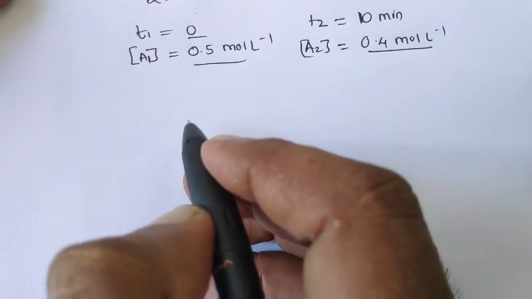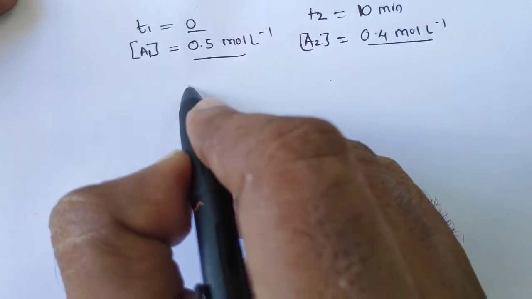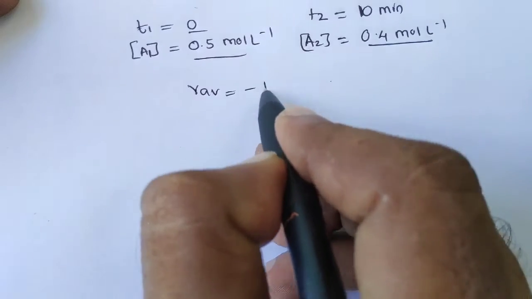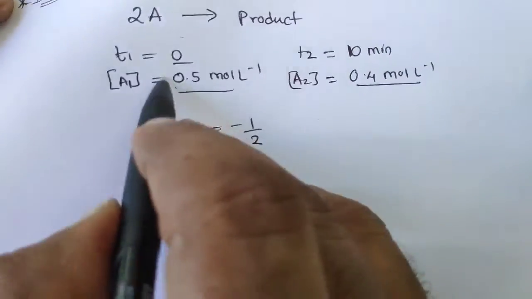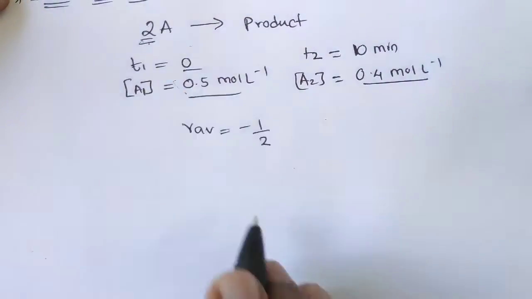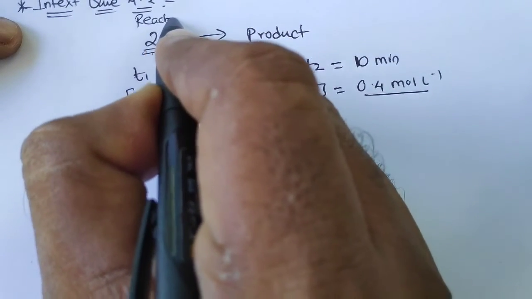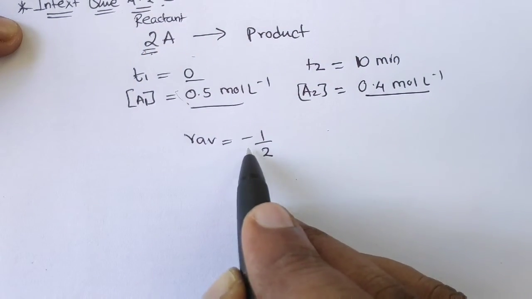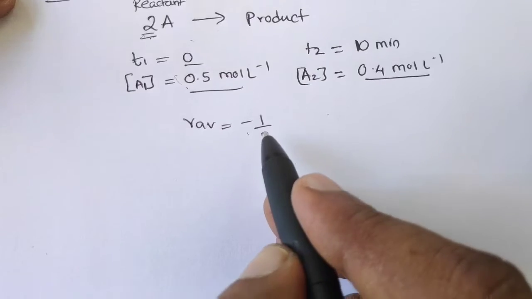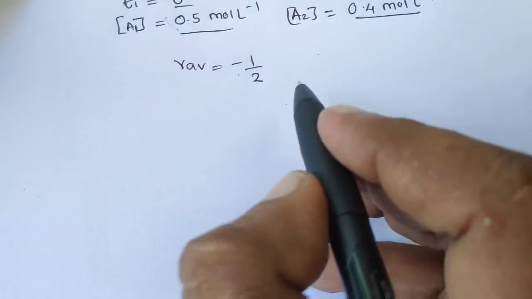Okay, so now if I want to calculate the average rate, it will be equal to minus 1 by 2. Now why did I take 1 by 2? Because you can see the stoichiometric coefficient is 2 here. As it is a reactant there is a decrease in concentration, so the minus sign. Okay, we have to keep on revising like this. Now see the next one here.